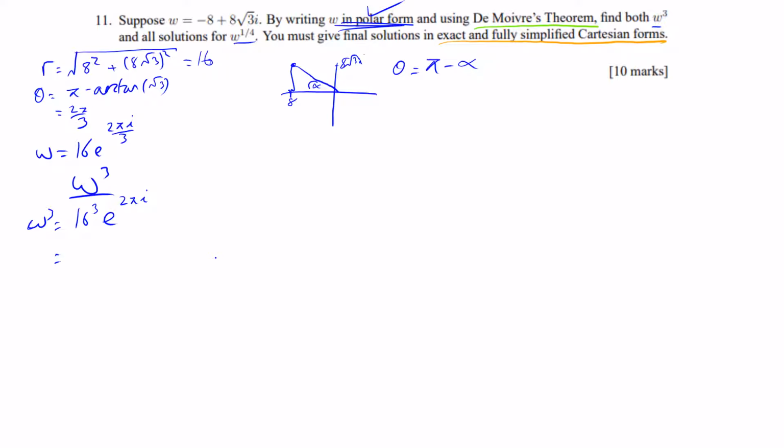So we can write this out as 4096 e to the 2 pi i, and we want to give any solutions in exact and fully simplified Cartesian form.